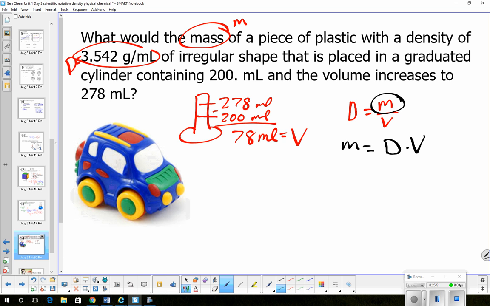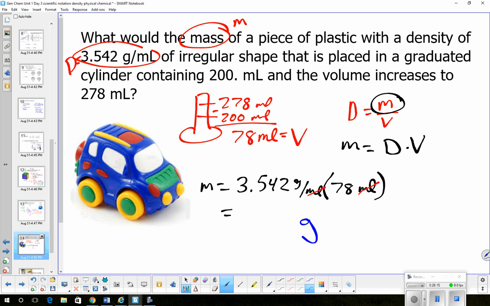So plugging in, mass is equal to density, 3.542 grams per milliliter, times volume, 78 milliliters, equals mass. Milliliters go out, so I'm going to end up with grams, which is what I want. Somebody throw that through your calculator. Let's see what we got.